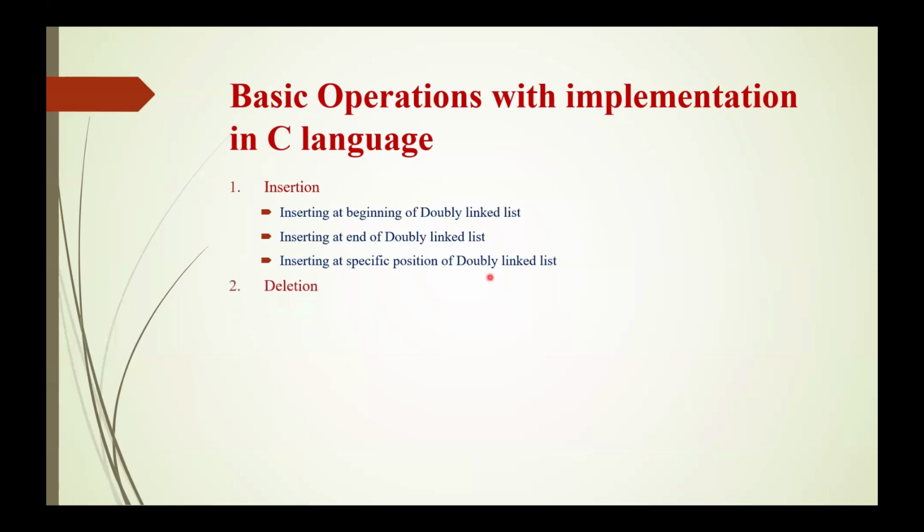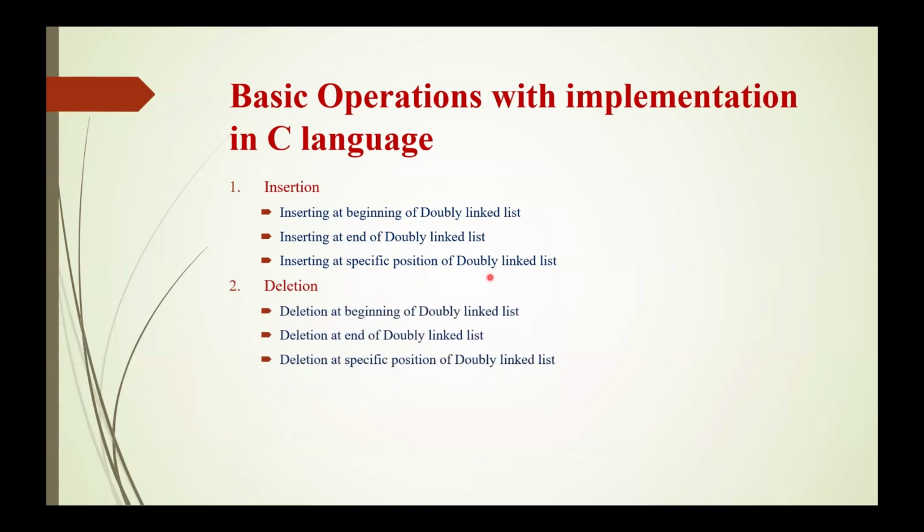Then deletion. Deletion means removing an element from the existing linked list. Deletion is again classified into three types: deleting the first node of the double linked list, deleting the last node, or deleting any specific position.